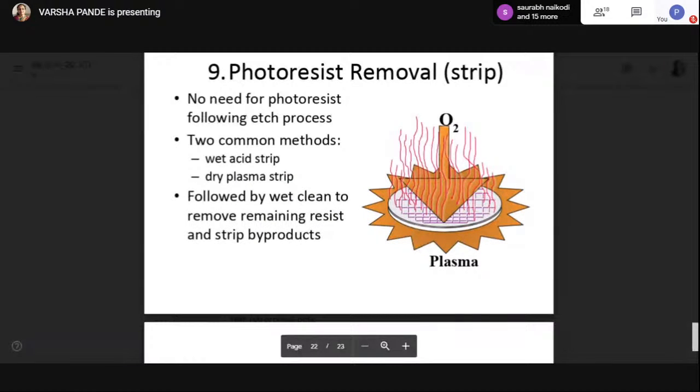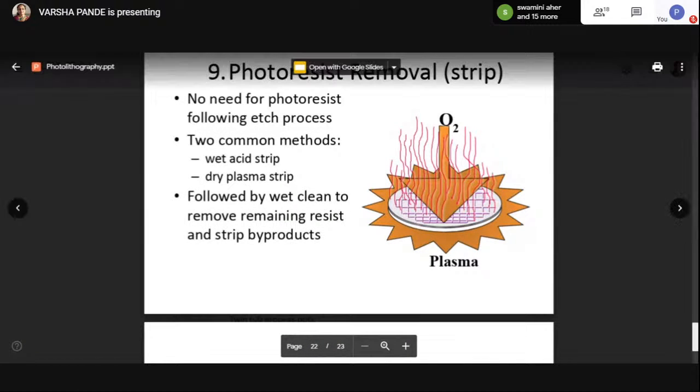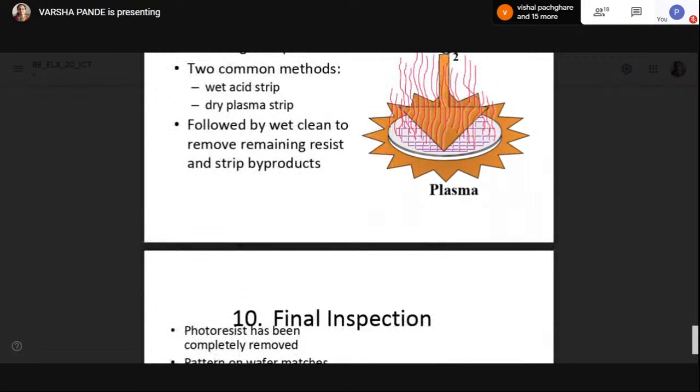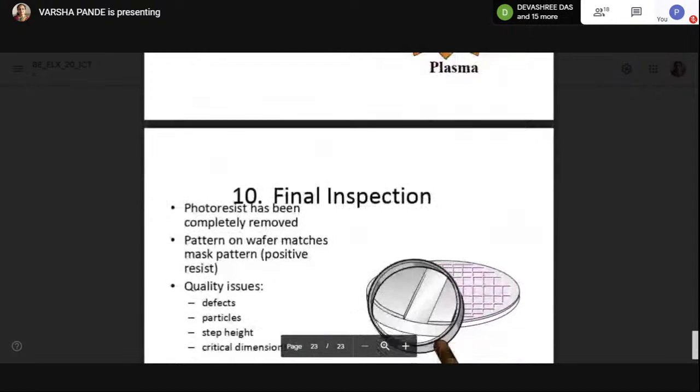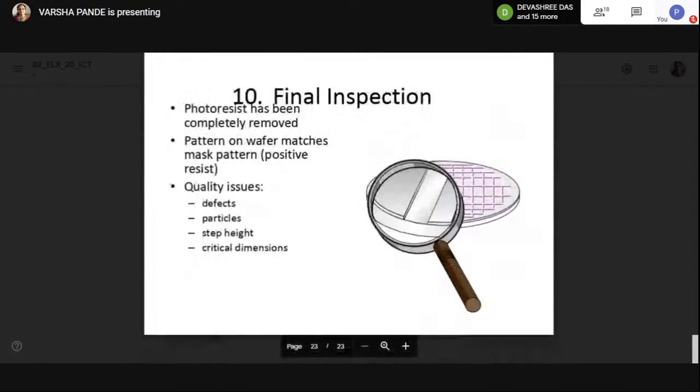In the wet strip, the entire slab or device is placed directly in the wet solution and only the photoresist will be removed. After this the cleaning operation is done, and then the final inspection. So like this, there are 10 basic steps of photolithography.